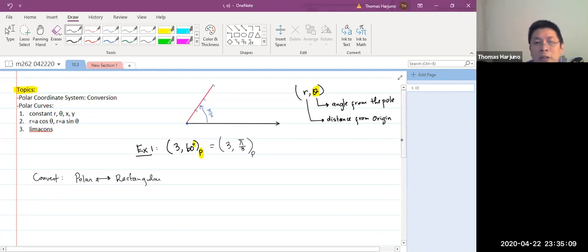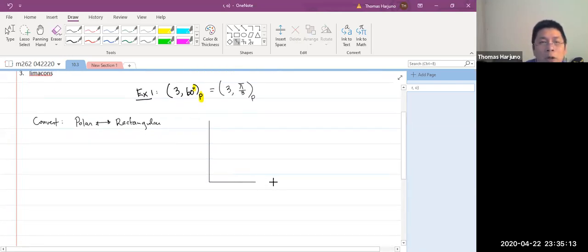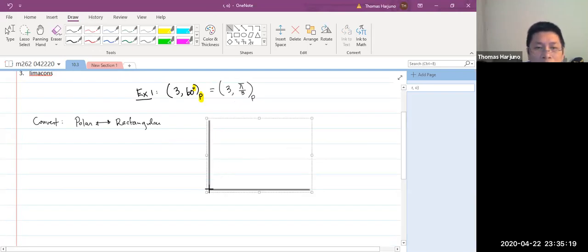Let's take a look first. Suppose I have the polar coordinate and rectangular coordinate system, and let's say this is a coordinate in polar. Call that r, theta, which means the length here is r and the angle here is theta.